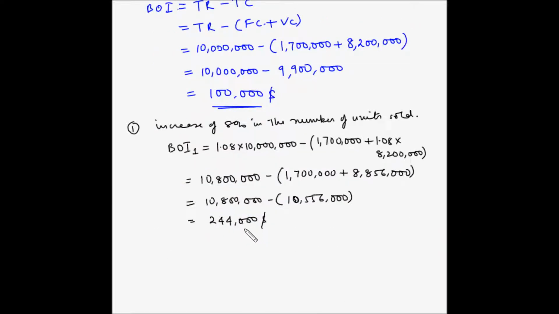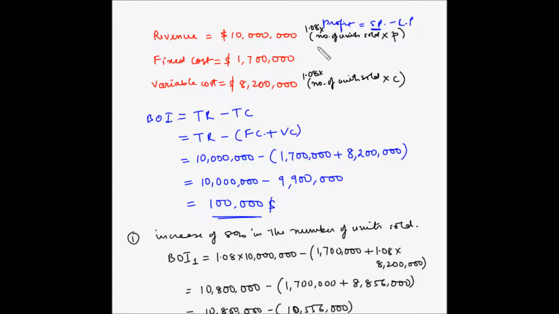So if we increase the number of units sold, even though your cost also increases, the total margin or the income eventually increases. That is because even though you are increasing the revenue and variable cost by the same percentage, the absolute dollar amount of the margin is actually increasing.